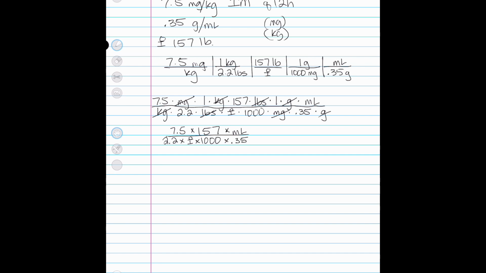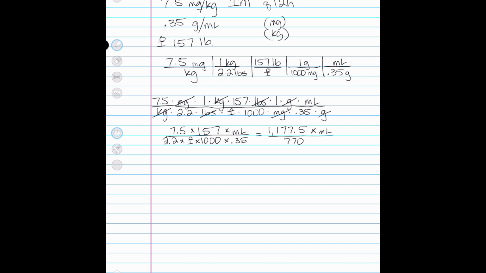Let me get my calculator out again. That's 7.5 times 157. On the top, that's going to be 1,177.5 times milliliters over 2.2 times 1,000 times 0.35, which is equal to 770.